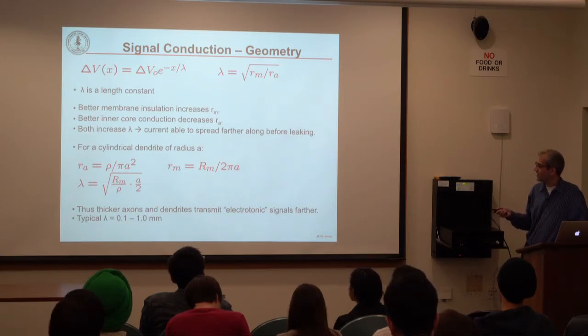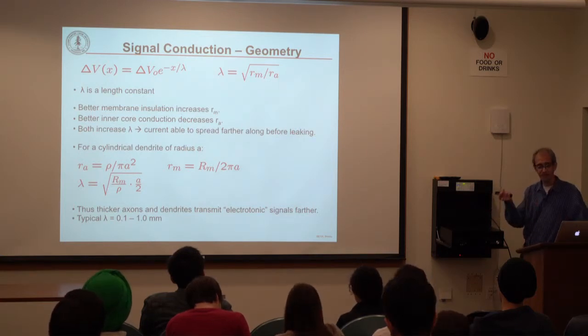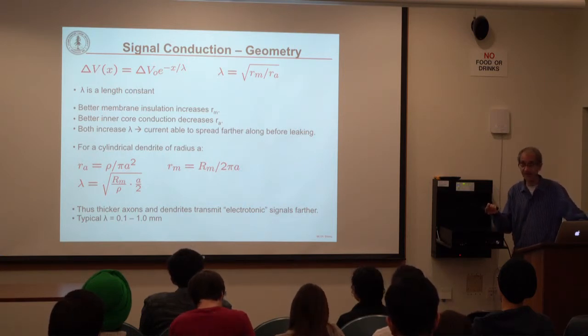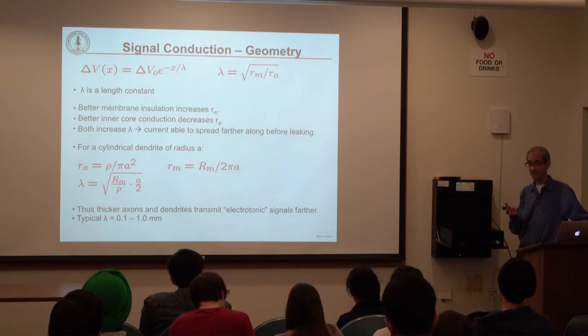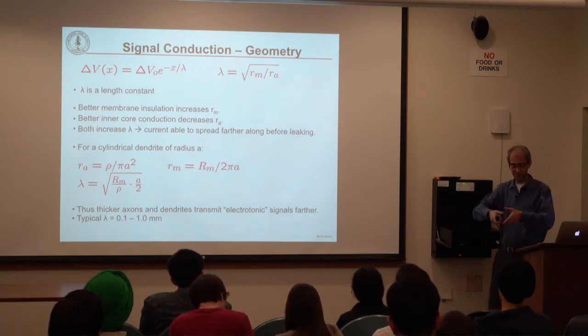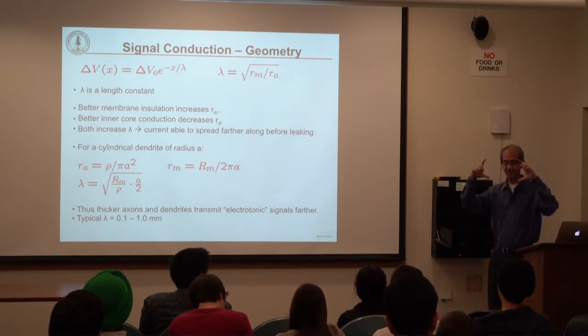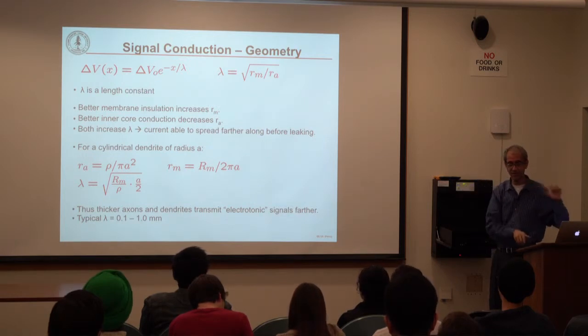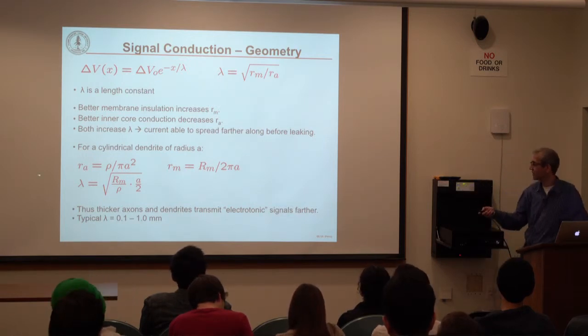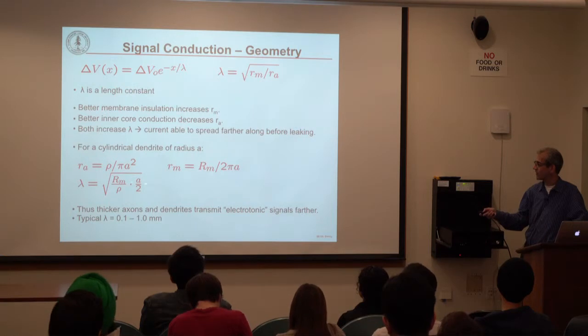Well, what it's saying is, coming back to this line here, I don't know how, for the same unit cross-sectional area, to increase the conductance. You'd have to have more conductive fluid, effectively. But one easy thing to do is to take your dendrite's circular cross-section and make it larger. Scale up a. And so you see that lambda does scale as the square root of a.